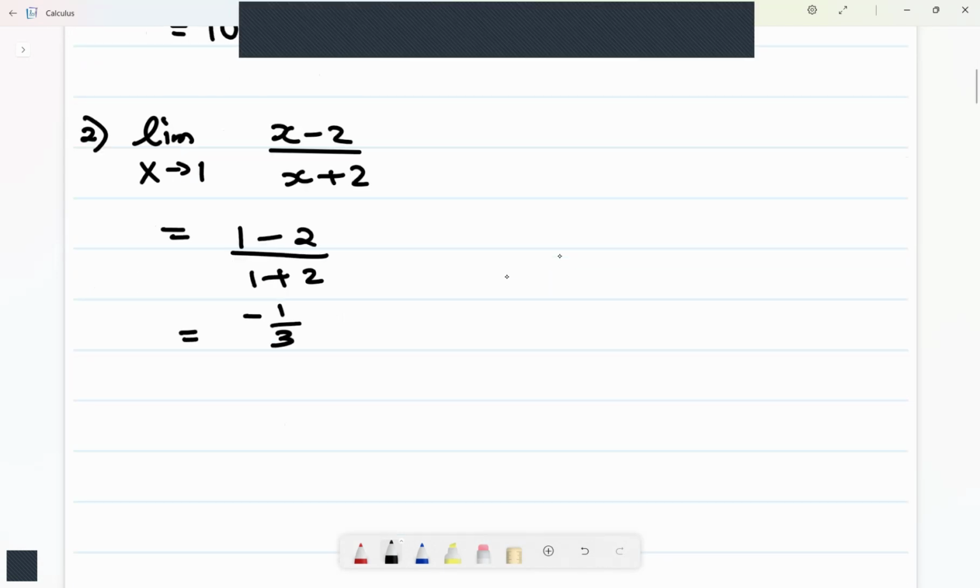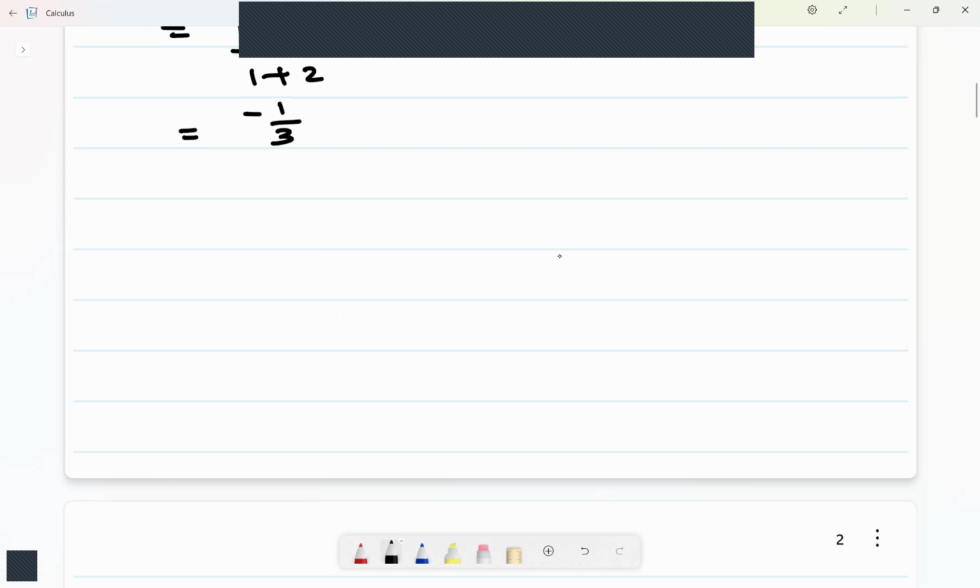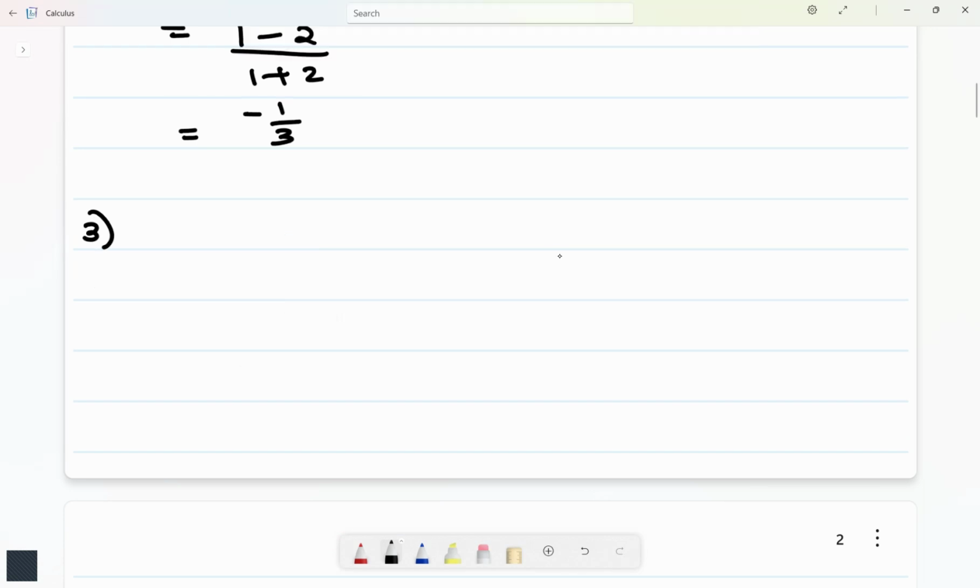Now, the last example, this is interesting. Okay. Let's have this one. Limit as x approaches 3 of x squared minus x minus 6, all divided by x minus 3.